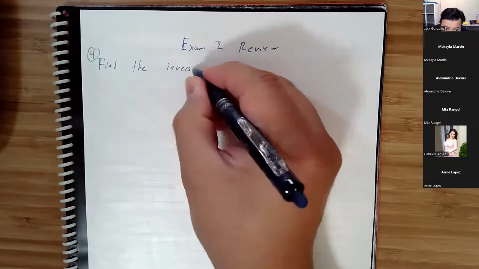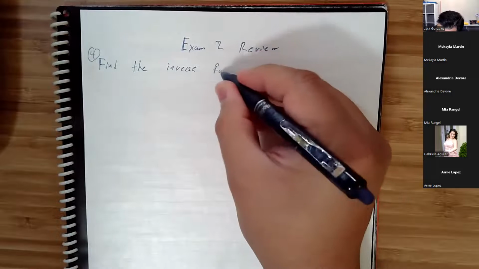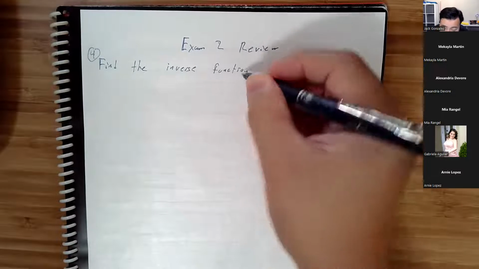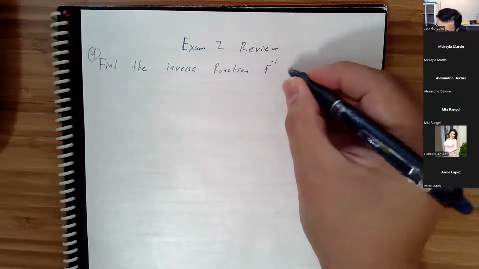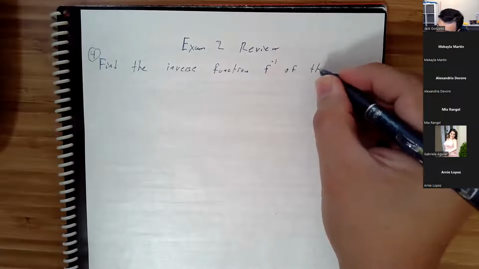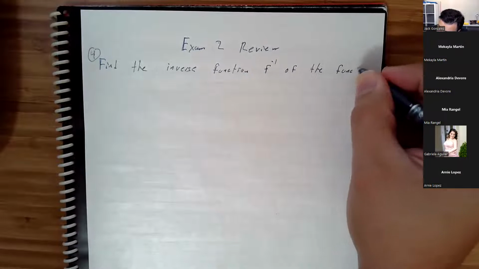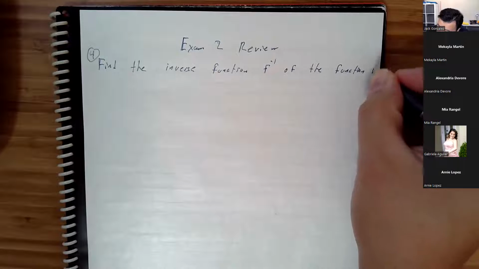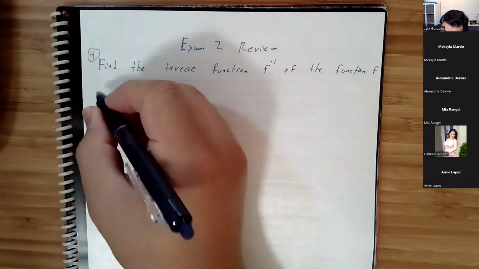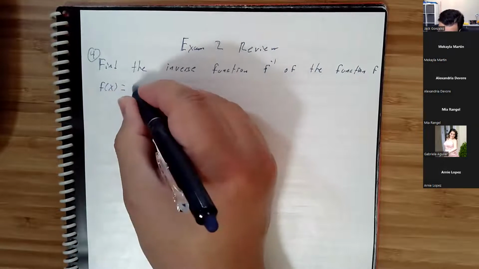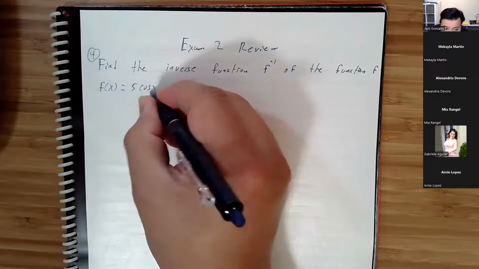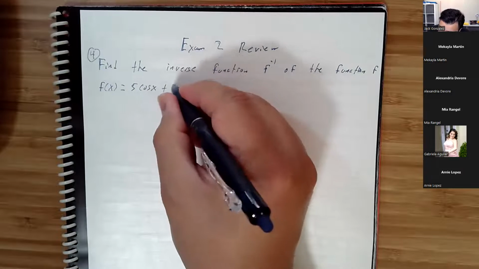Find the inverse function f inverse of the function f, where f of x is equal to 5 cosine x plus 9.